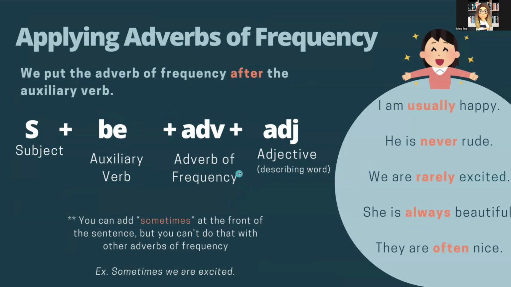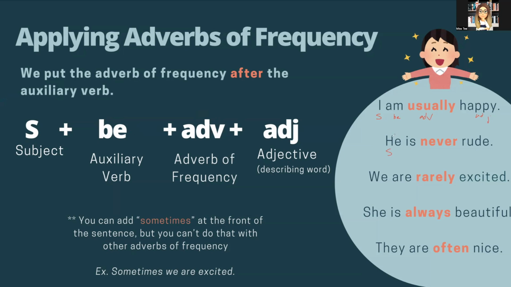So let's look at some examples to talk about this new structure. So we have subject, be, adverb, adjective. Subject, I. Am is our form of be, and it's this way, am, because my subject is I. Now we have our adverb of frequency, usually, and then we have our adjective, which is happy. He is never rude. He is our subject, which is also a pronoun.